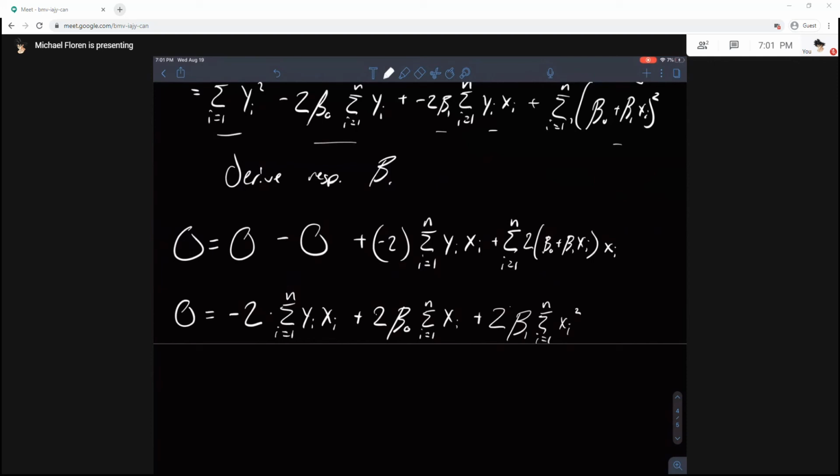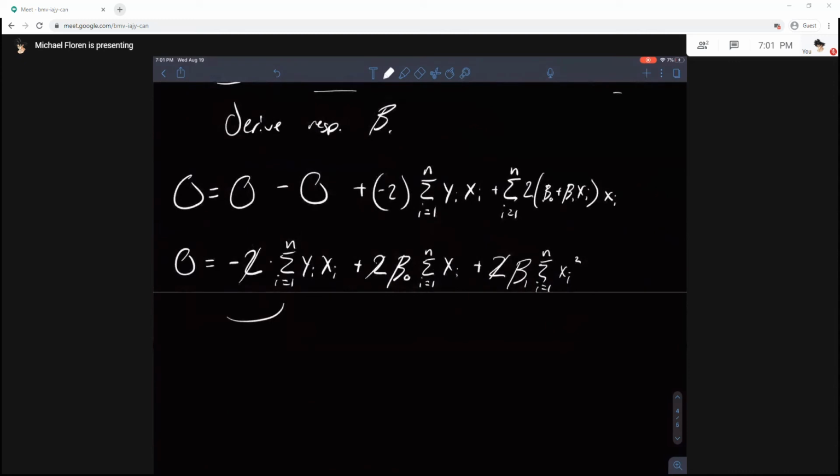Now, just like before, we can cancel out these 2's. We can move this to the other side, so we get the sum of y sub i x sub i equals beta 0 times the sum from i equals 1 to n of x sub i plus beta 1 sum from i equals 1 to n of x sub i squared.